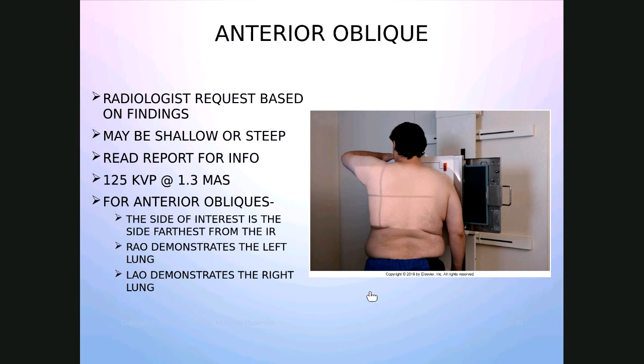And they show you that on the anterior obliques, the side of interest is typically the side farthest from the image receptor. So whatever side is farthest away tends to be elongated and easier to visualize. So in this particular picture, the gentleman is in an RAO, meaning his right anterior surface is closest to the IR.